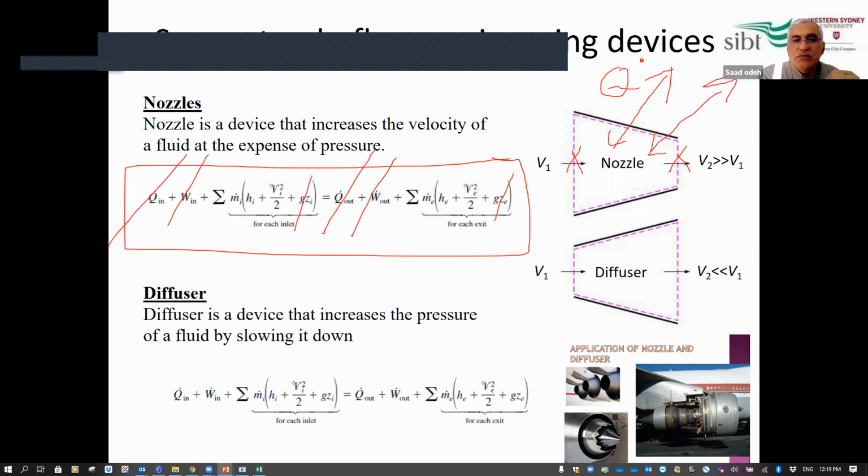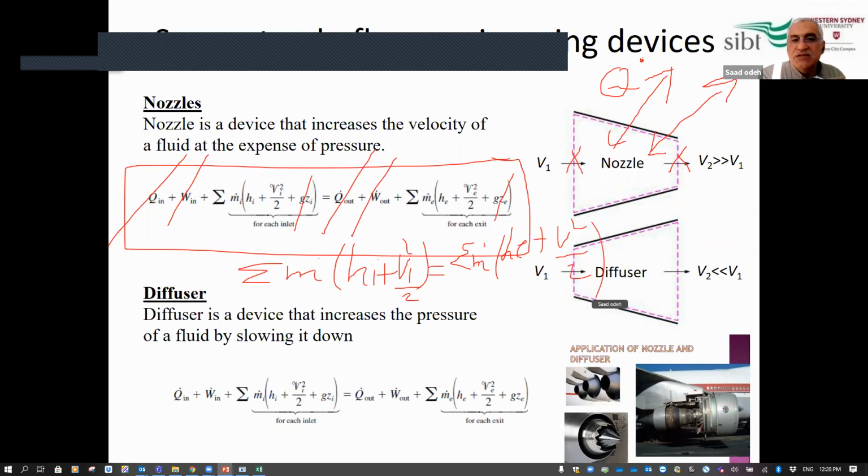So you can see that we have reduced the equation to the summation of inlet mass flow rate multiplied by (h plus V squared over 2) equals the summation of exit mass flow rate multiplied by (h exit plus V squared divided by 2).